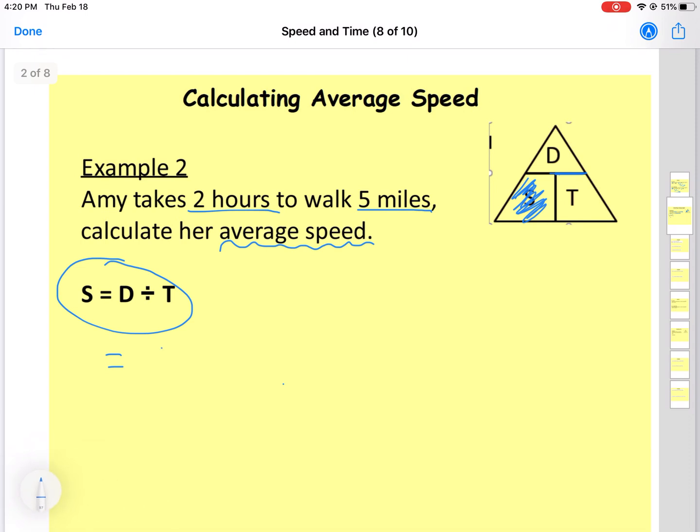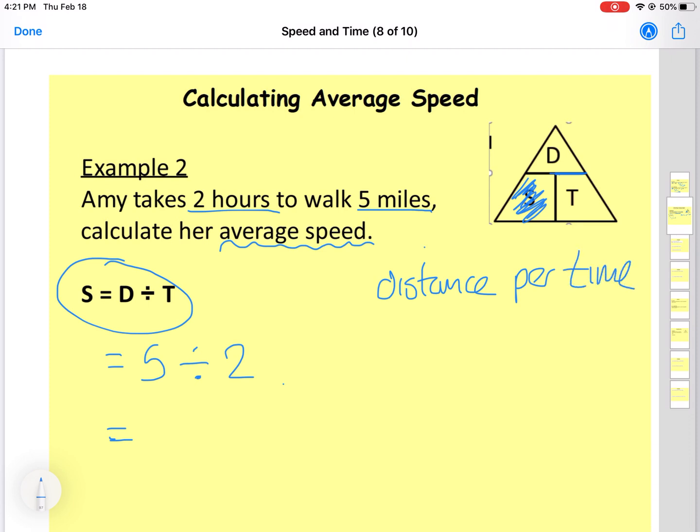So we have to do our distance divided by time to find the speed. And our distance is 5 miles. Divide that by number of hours, which is 2. Now this speed is going to be measured in miles per hour, so it's always distance per time. Okay, and we try and keep these as common as possible.